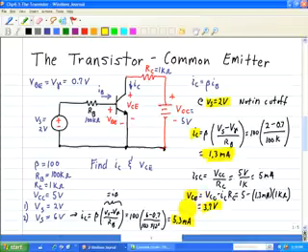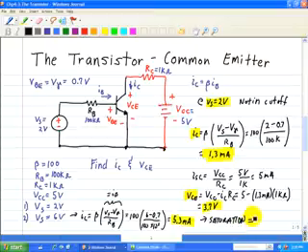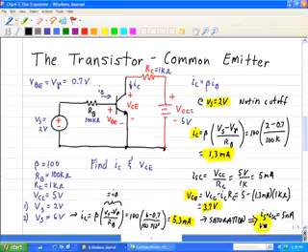Since it is in saturation mode, that implies that IC is equal to the short circuit current, which is equal to 5 milliamps, and that VCE is equal to 0 volts.